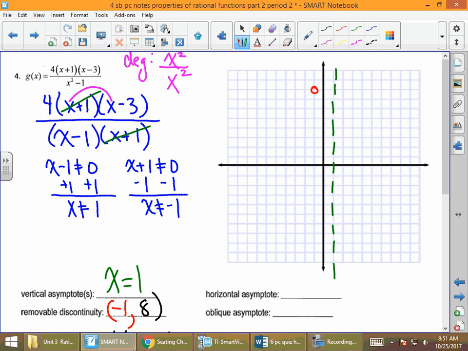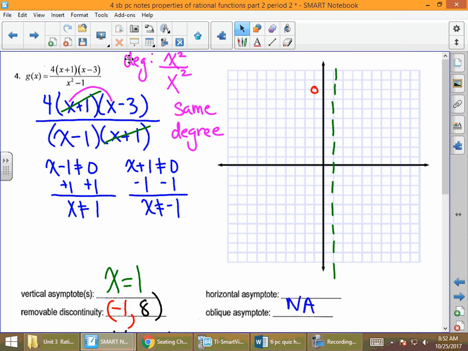And because we have an x squared in the top and an x squared in the bottom, we're dealing with the same degree. And the same degree means that we're going to have a horizontal asymptote, which means that we don't have an oblique.